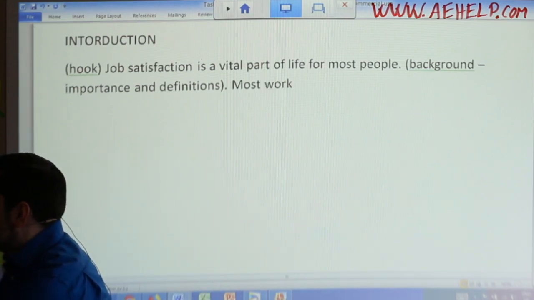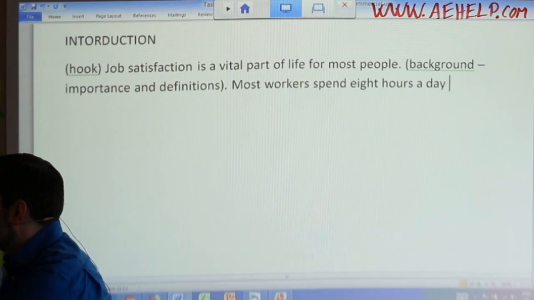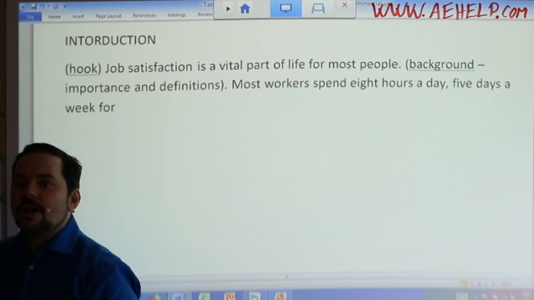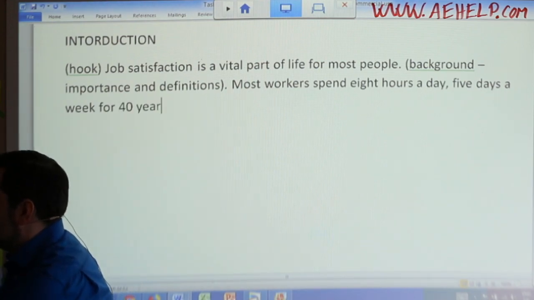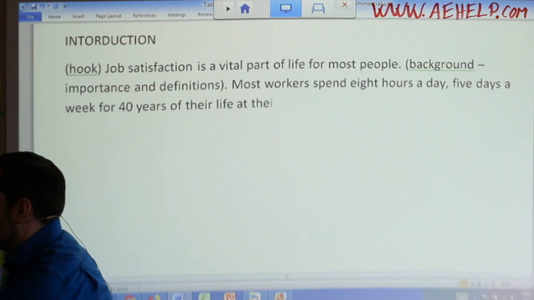So most workers spend 8 hours a day, 5 days a week for how long? How many years? For 40 years of their life at their job.